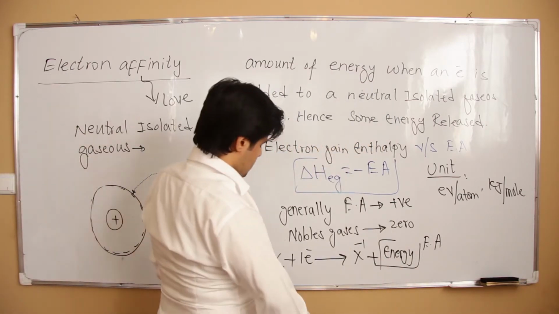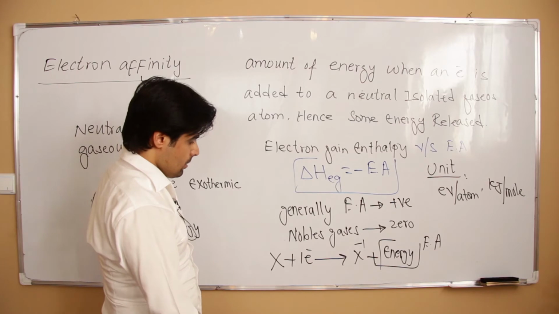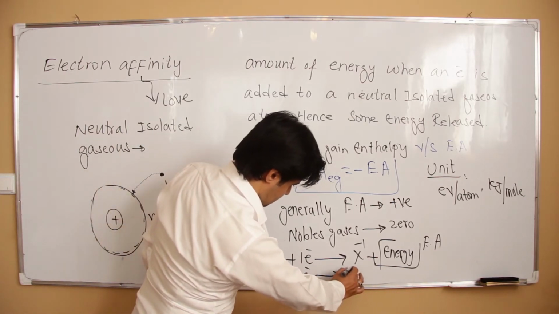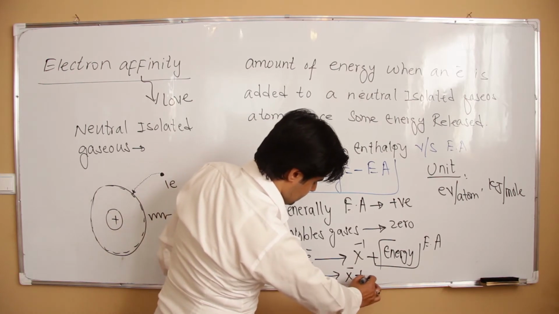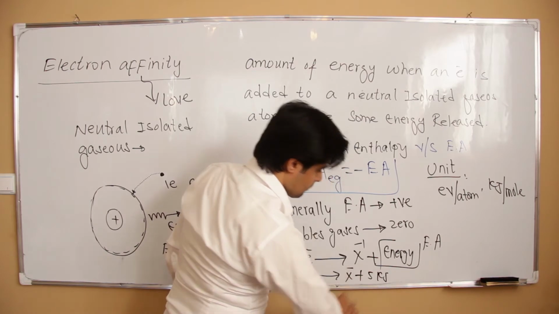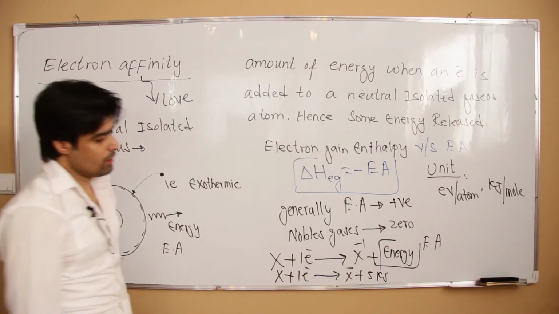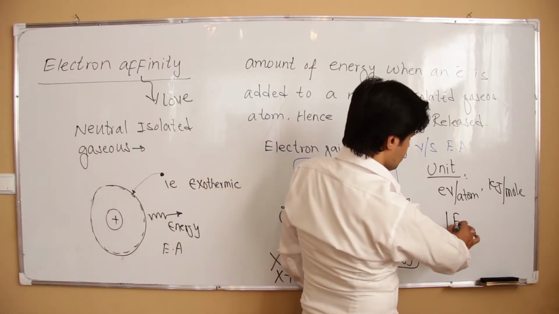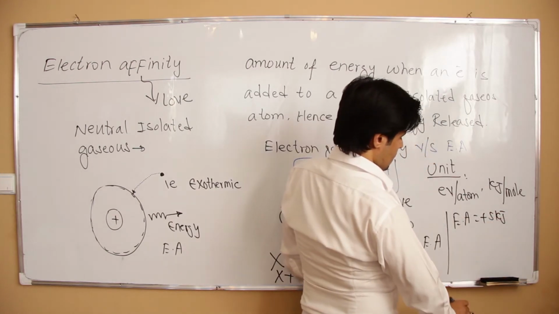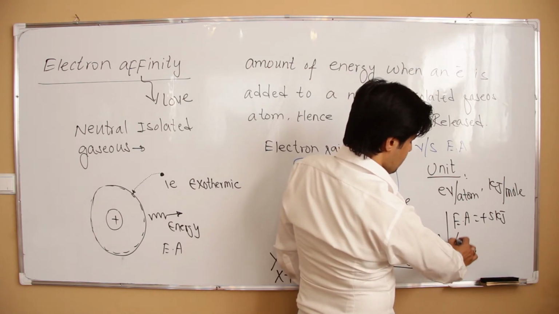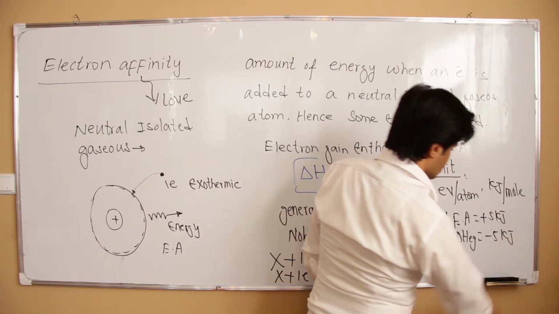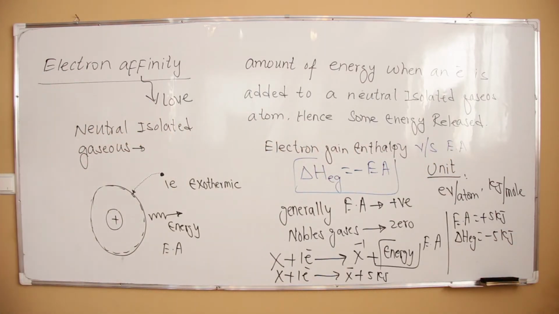For example, X plus 1 electron gives X minus plus, for example, 5 kilojoule. So electron affinity is plus 5 kilojoule, and electron gain enthalpy is minus 5 kilojoule per mole. I think you have got it.